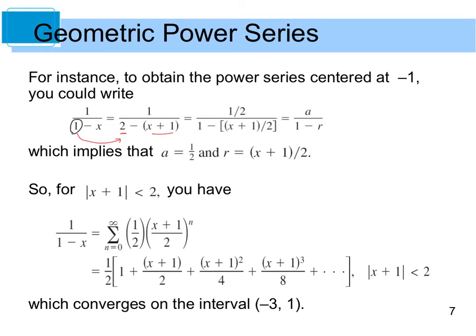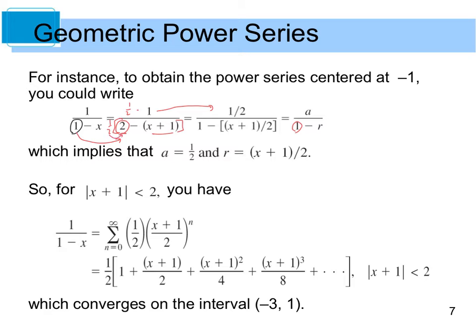All right, we want to make sure that we're still in the form of a over 1 minus r. So this 2 in this position is not very helpful. What we're going to have to do is multiply everybody by a half. If we multiply the numerator by a half and the denominator by a half, my 1/2 times 1 gives me the numerator of a half.